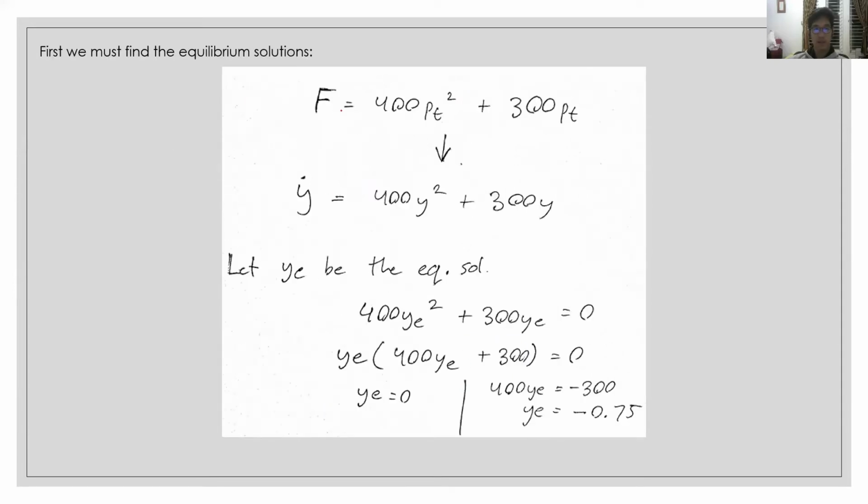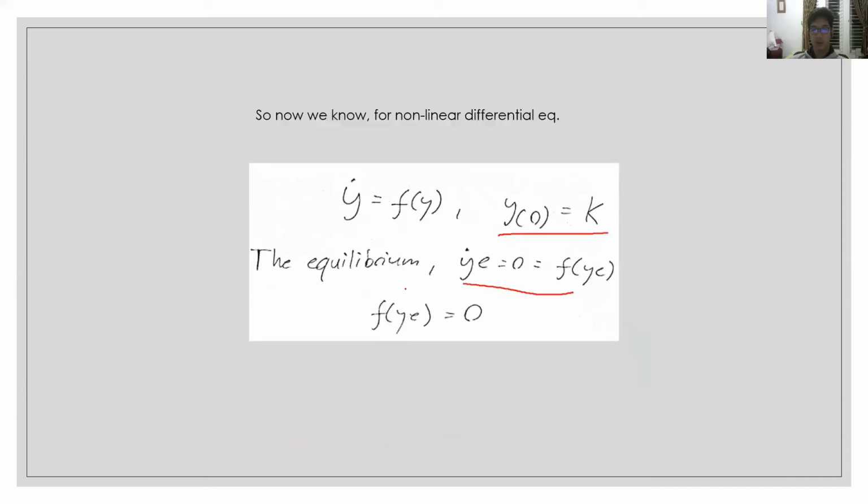To find the equilibrium solutions, first we must derive a differential equation: F equals 400 pt squared plus 300 pt. We can change this into the form y dot equals 400 y squared plus 300 y. Same thing. From here, we can find our ye. Let ye be the equilibrium solution. So 400 ye squared plus 300 ye equals 0, as we know from before.